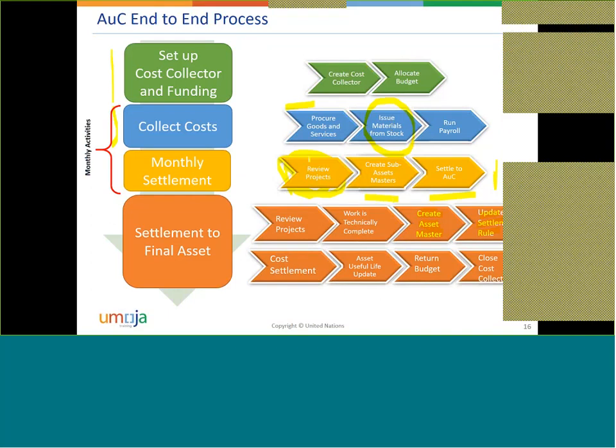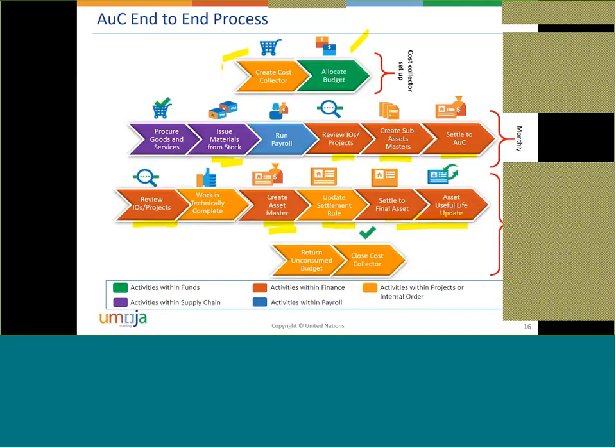If you want to know in what module or have an idea of where some of these transactions are done, you come to this slide and you get an idea. Oh, okay, this is supply chain. All right, I understand. This is budget. Okay, I understand. Okay, these two tones of orange happen between finance and project. Okay.